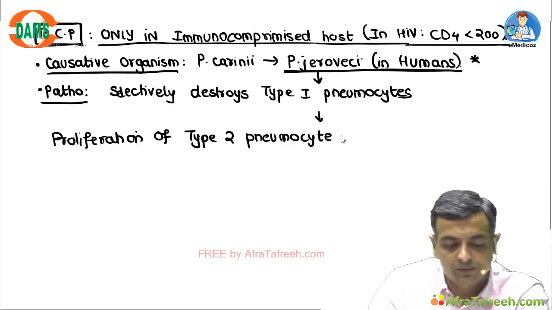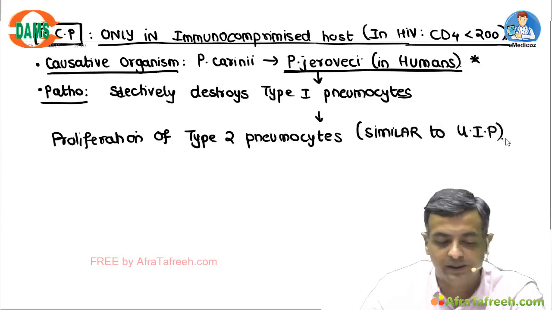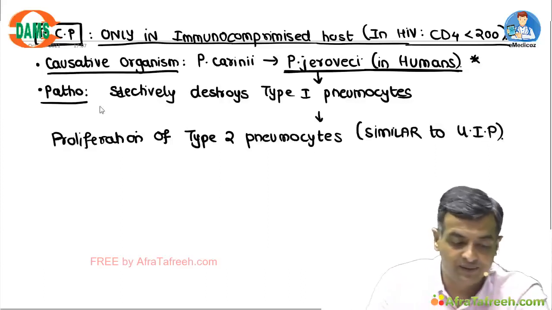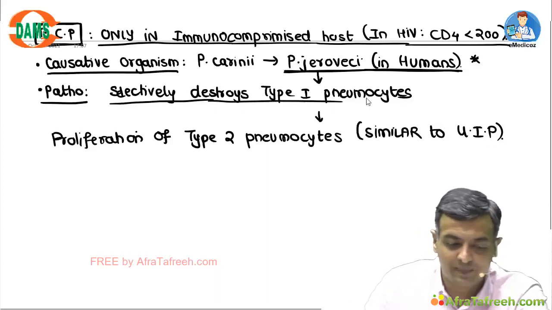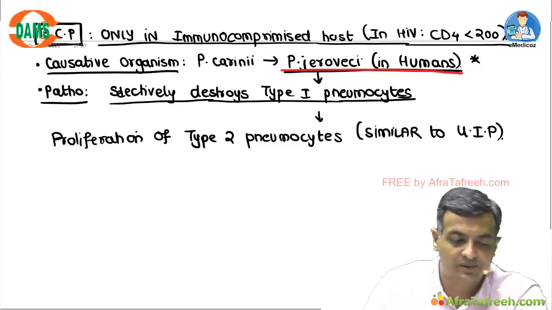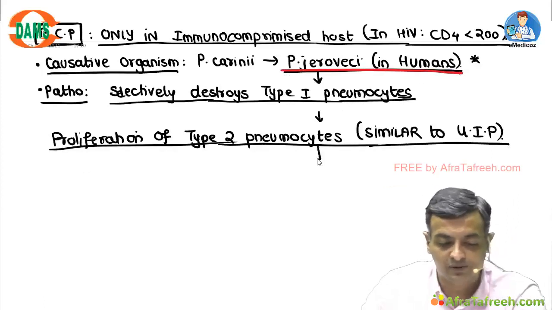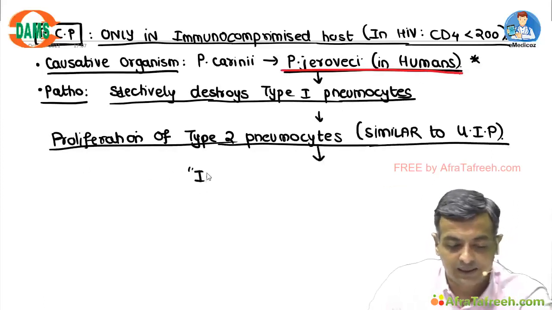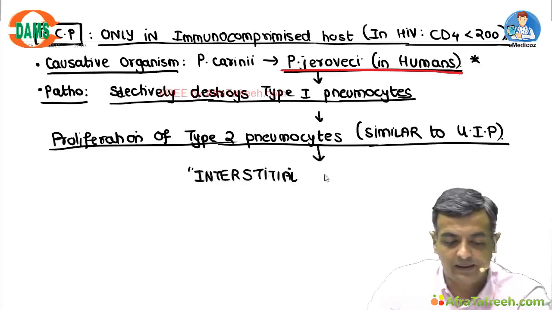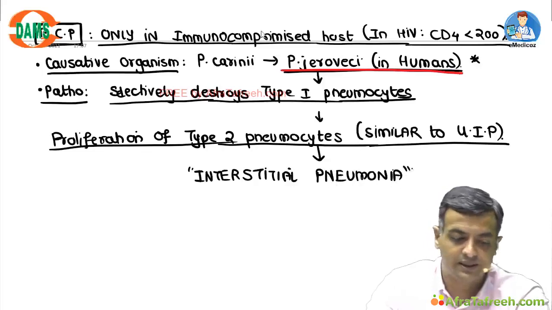Type 2 pneumocytes, if you recall, it is similar to the UIP, usual interstitial pneumonia. But the only difference here is that the cause is not idiopathic, the cause is infection, which leads to the proliferation of the type 2 pneumocytes presenting as interstitial pneumonia.